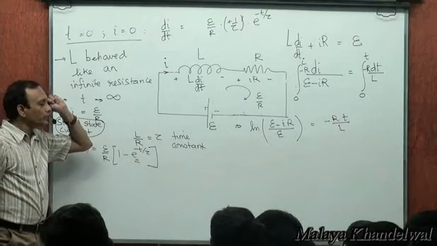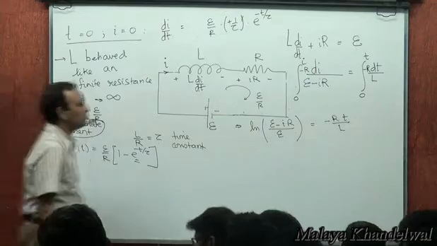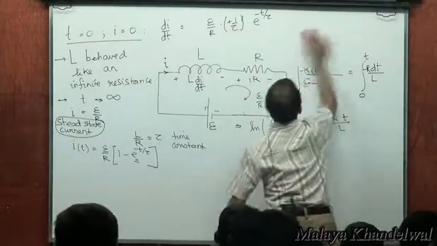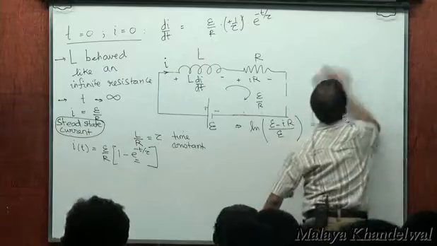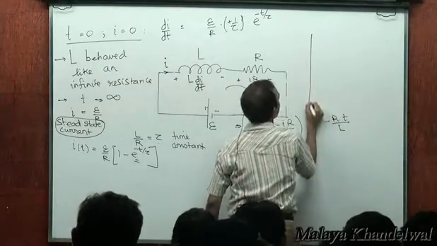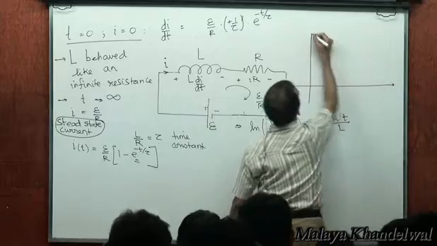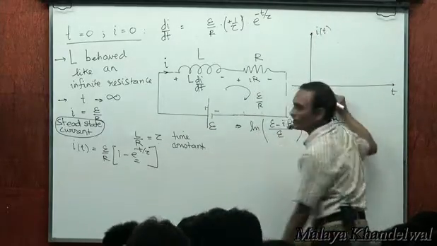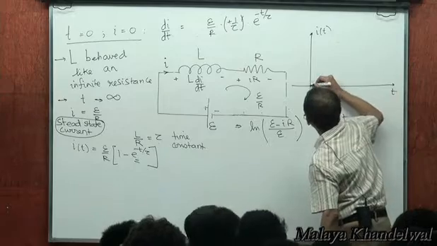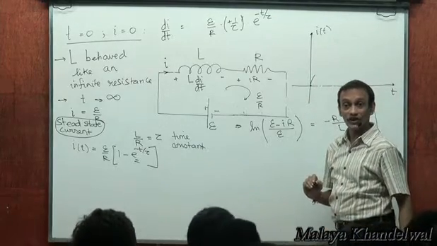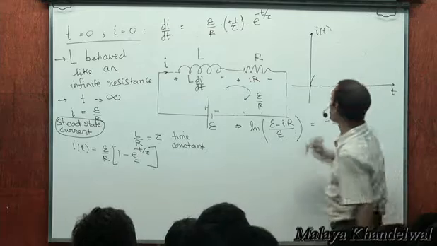Now, the graphical variation of I with time. At t equal to 0, current was 0, but there was a non-zero di/dt at time t equal to 0.